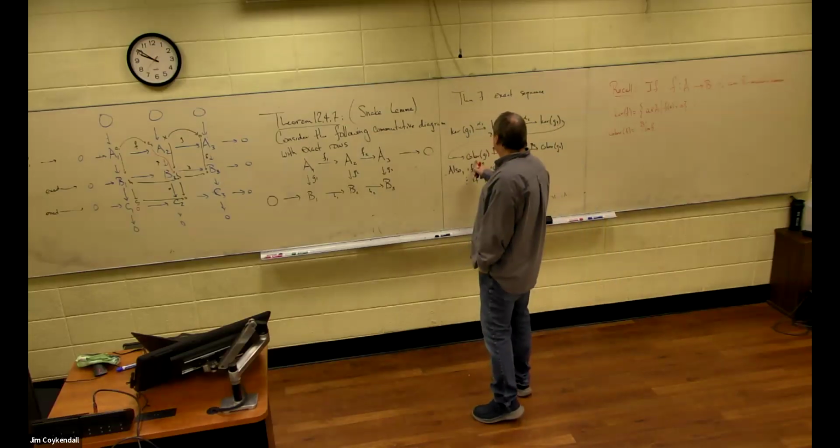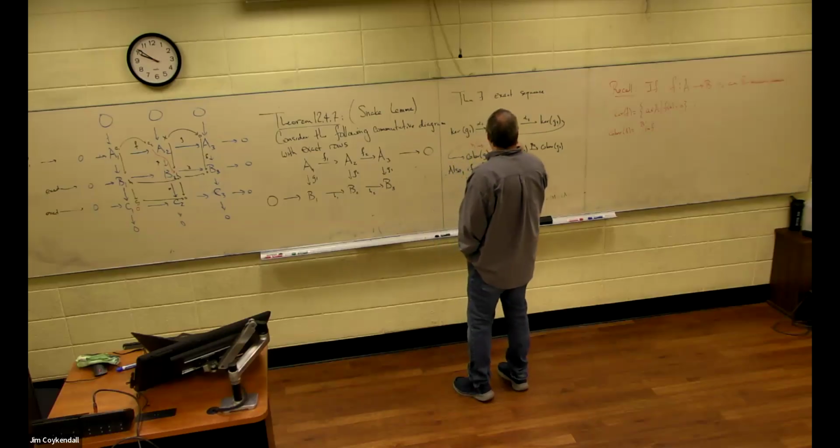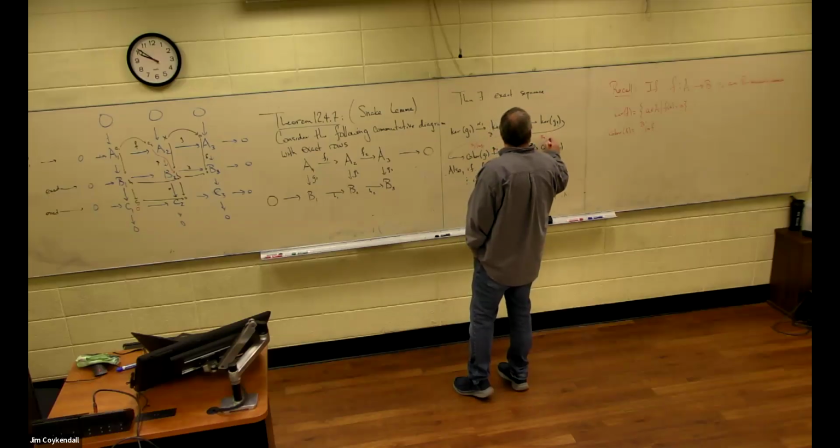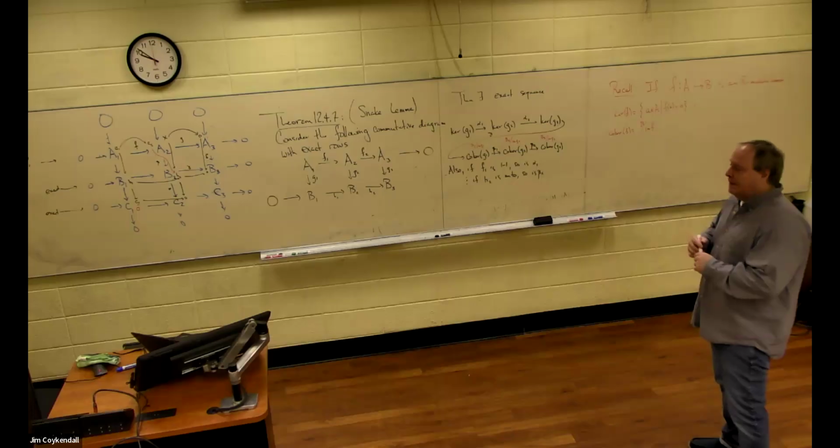In other words, you can write this as, for example, the cokernel of G1 is B1 mod image G1, this is B2 mod image G2, and this is B3 mod image G3. That's another way of thinking about it.